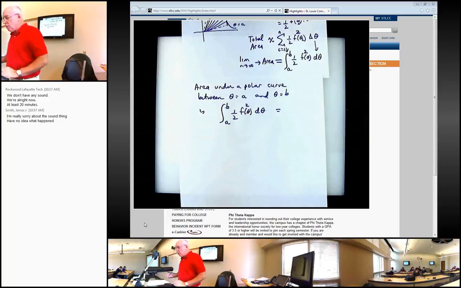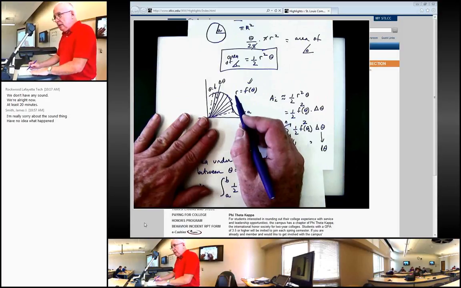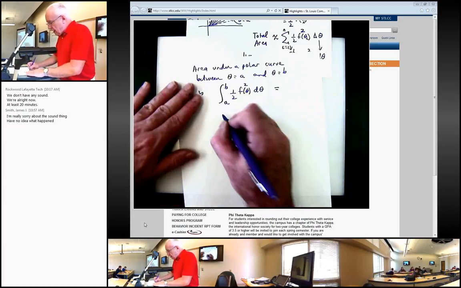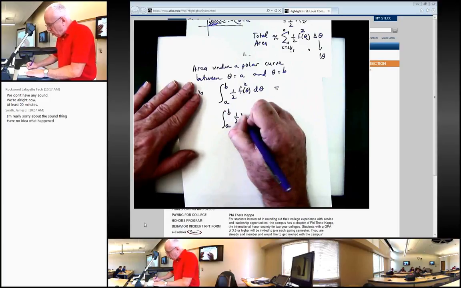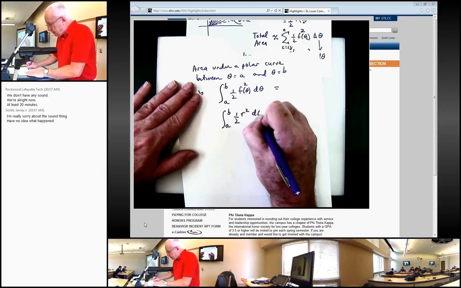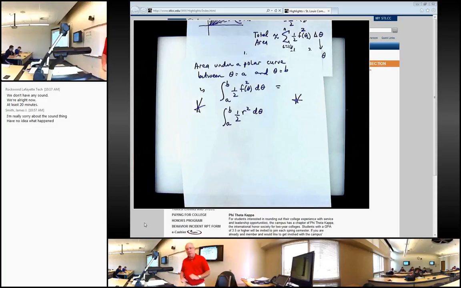Another way that I could write that is this. Remember, f of theta is equal to r. So I could write this as the integral from A to B of 1/2 r squared d theta. So that's a formula that you guys need to remember then.